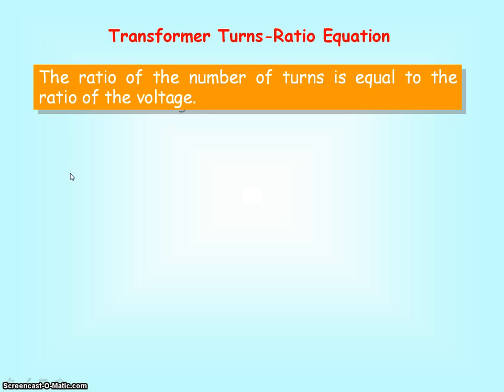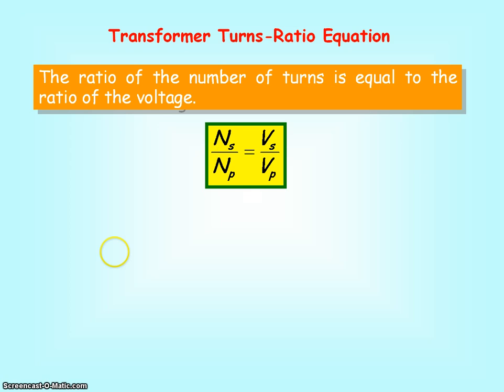For a transformer, the ratio of the number of turns is equal to the ratio of the voltage, and this can be expressed as an equation where the number of turns in the secondary coil divided by the number of turns in the primary coil is equal to the voltage across the secondary coil divided by the voltage across the primary coil.